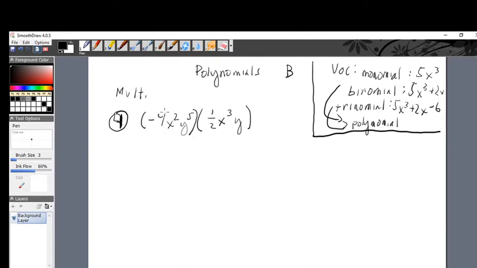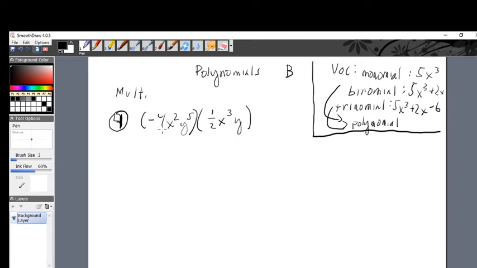So we've got to deal with these two things multiplying each other. They're two monomials. If you want to get down to brass tacks, this is a monomial. There's no plus or minus in between something. You'd have to have a plus or a minus in between two terms to be a binomial. So this is all one big one-termer. This is all one big one-termer. Two one-terms, two monomials multiplying each other.